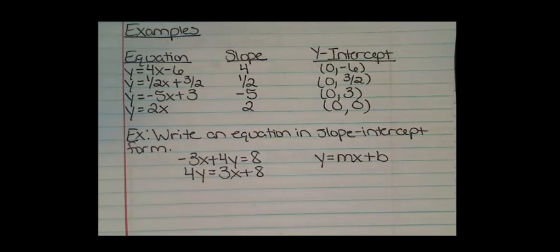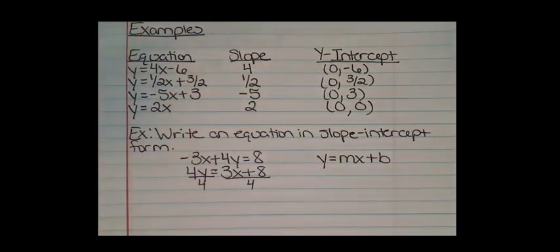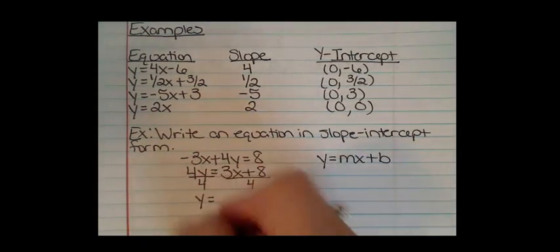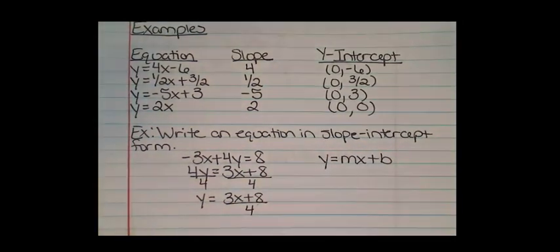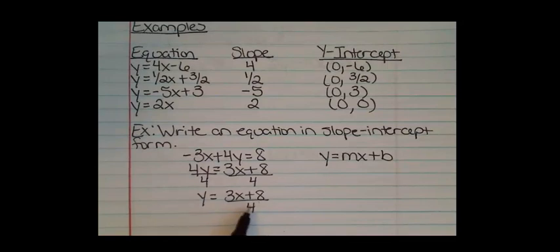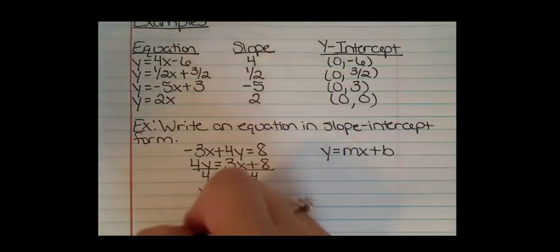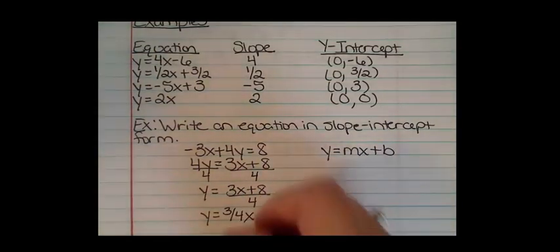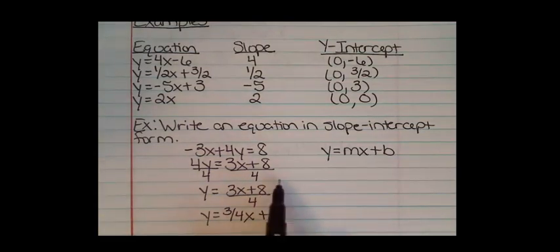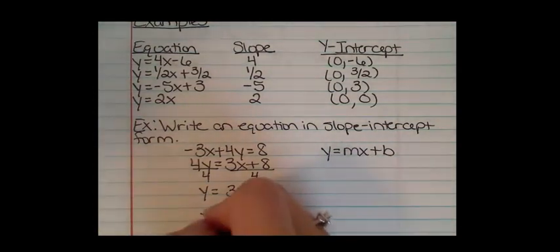We still need to get the y by itself, so we divide by 4, which gives us y equals (3x plus 8) divided by 4. But we don't usually leave it like this. Usually we divide each part by 4. So that'll be y equals 3 over 4 x plus, and then 8 over 4 would be 2. So our final answer would be this.